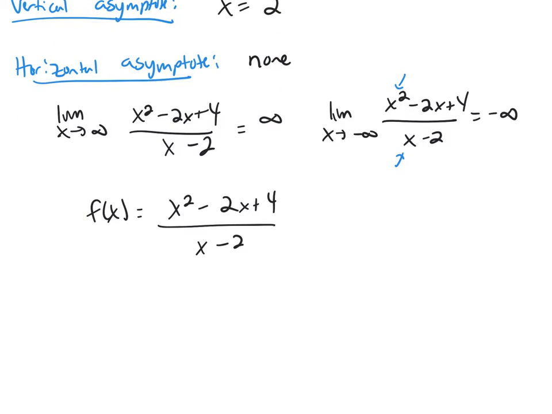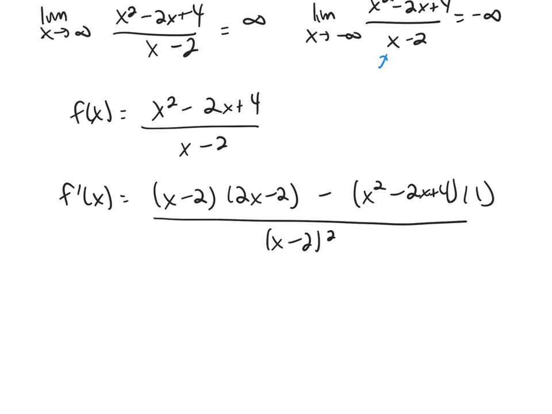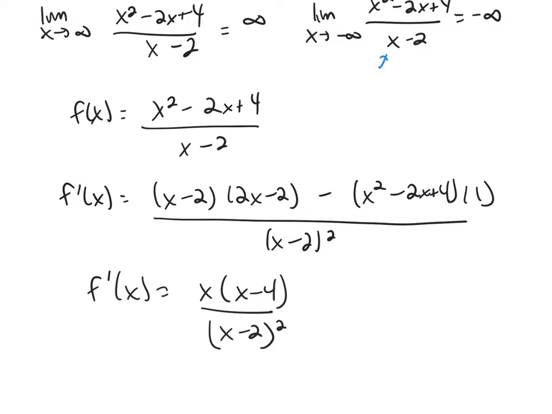So now I'm going to take my function and start looking at the derivative. So find f prime of x. You're going to have to use the quotient rule. Low d high minus the top, the derivative of the bottom, is 1, all over x minus 2 squared. And if you simplify the stuff in the numerator, FOIL things out, you'll see that the derivative is x times x minus 4 over x minus 2 squared.